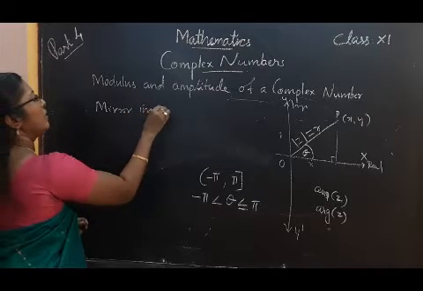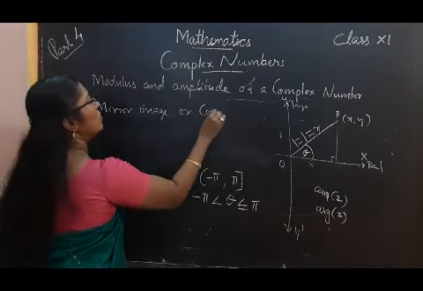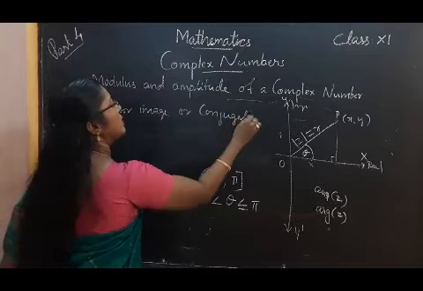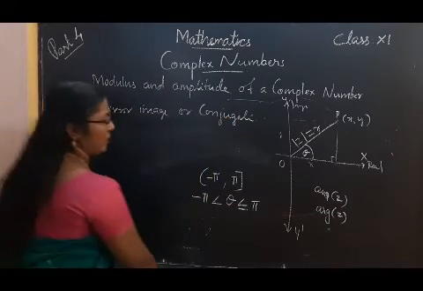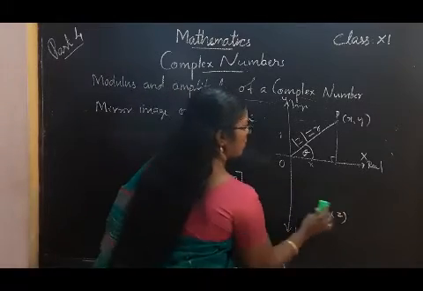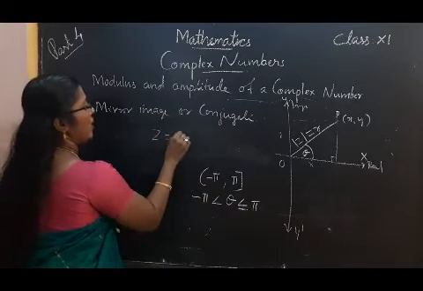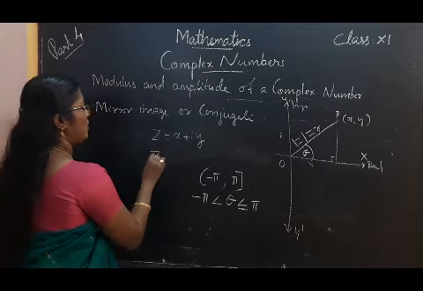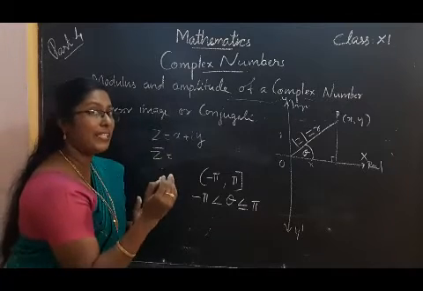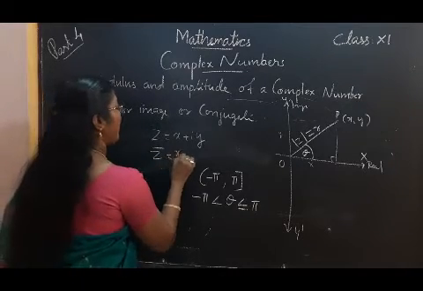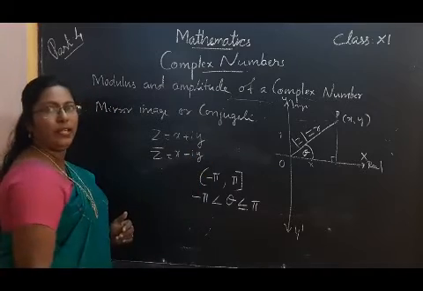Mirror image or conjugate. Okay. Then what is the conjugate of Z equal to x plus iy? The conjugate is obtained by changing the sign of the imaginary part, x minus iy.